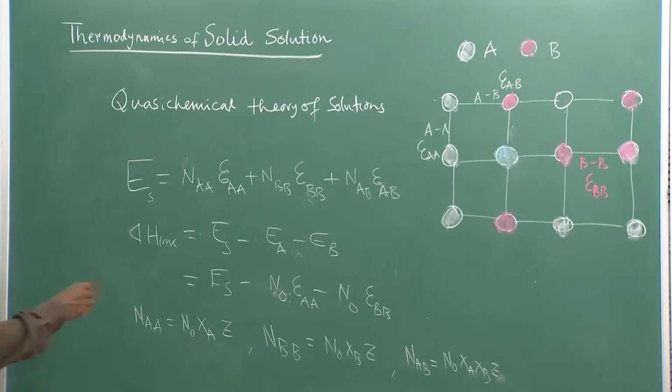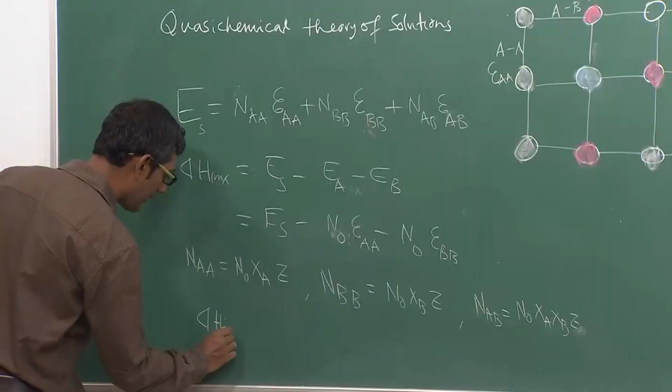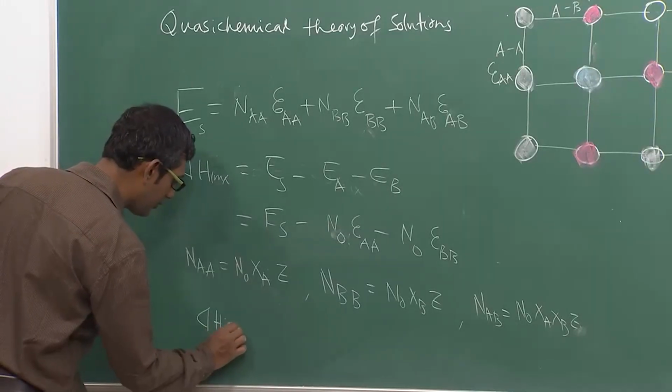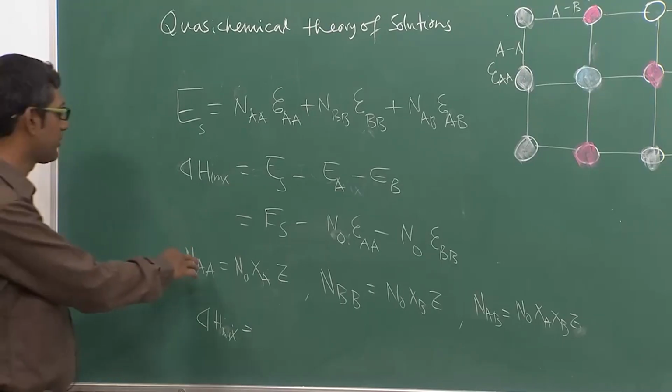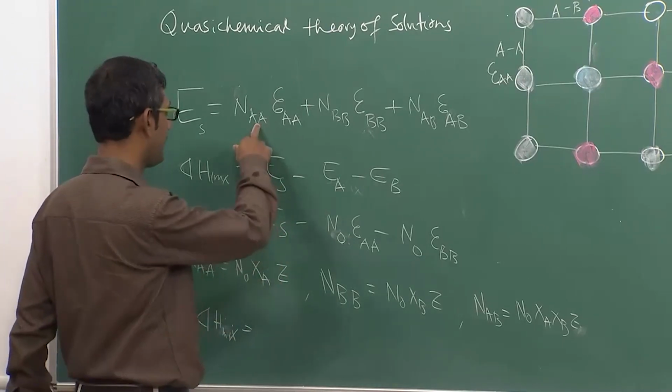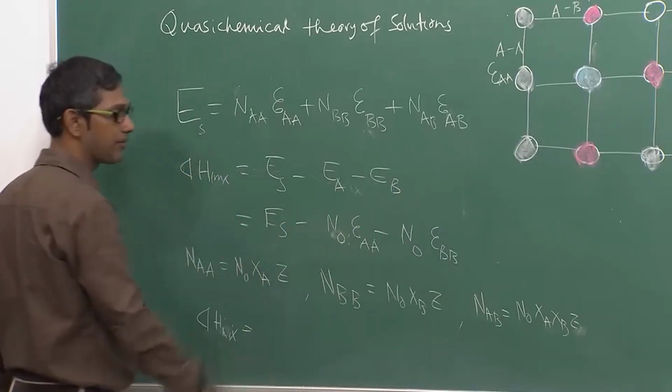Now, if I do the complete math, what I will find is like this for delta H mix, and that I leave to you. Complete math means you can rearrange the equations, plug in these values of NAA, NBB, NAB, get the E of solution and then subtract this.